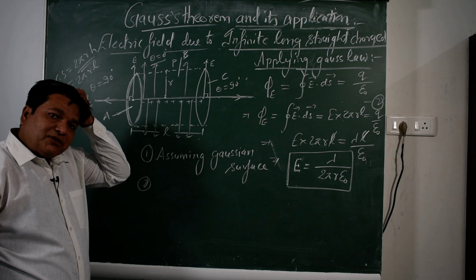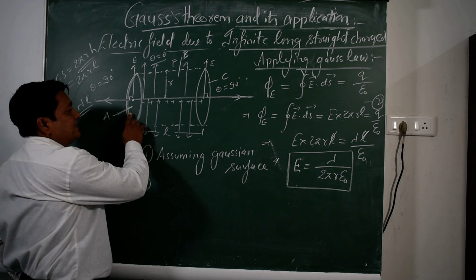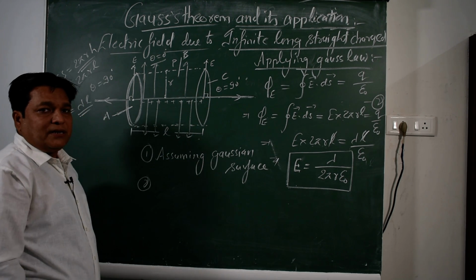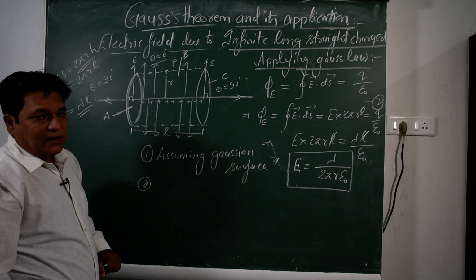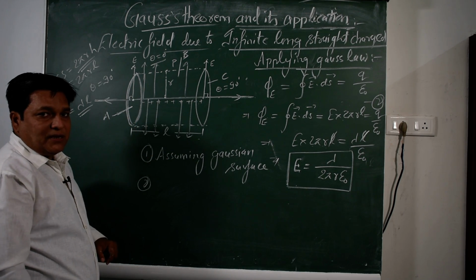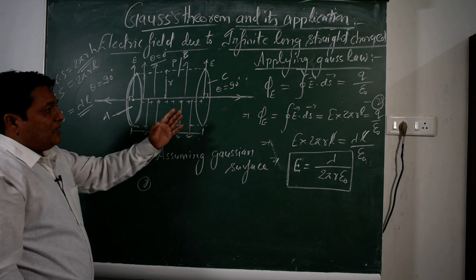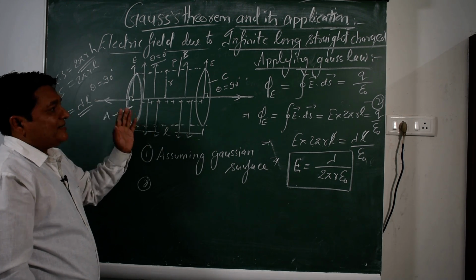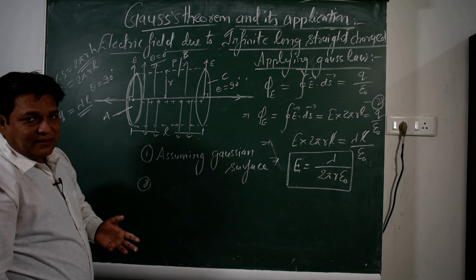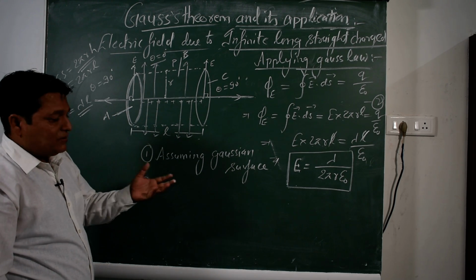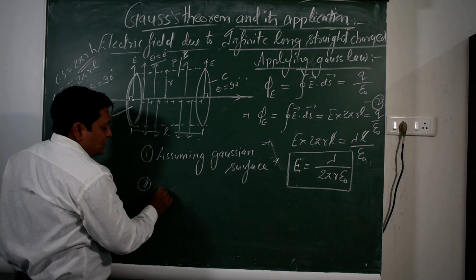For linear charge distribution, lambda is equal to Q upon L; for surface charge distribution, sigma is equal to Q upon S; similarly for volume charge distribution. So, finding the charge according to the charge distribution.